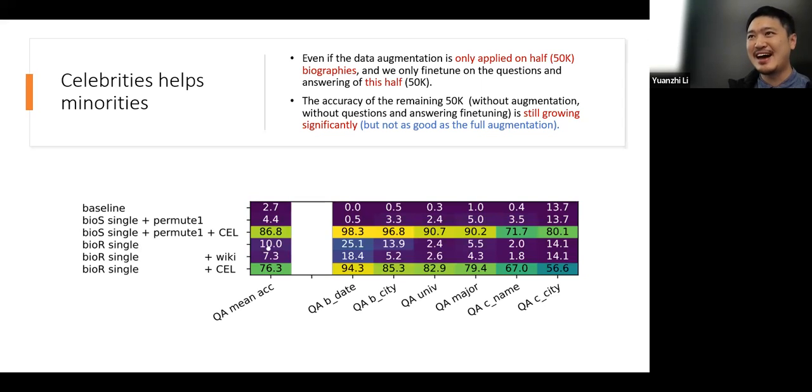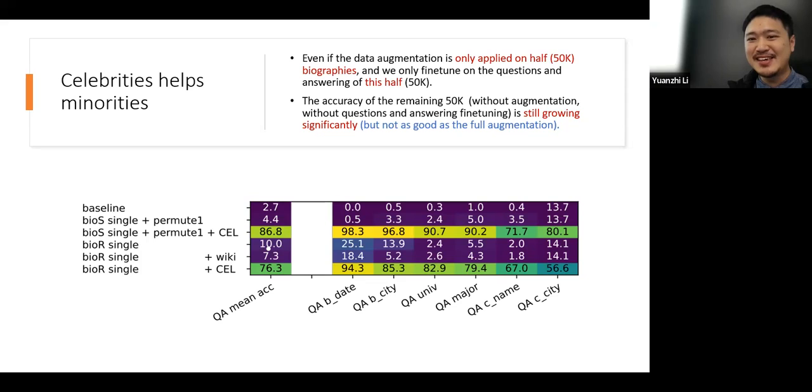It's not rewritten anytime. So the question is, if you only rewrite the data for like 50K of the people, and you only have QA fine-tuning, or question answer fine-tuning, on this 50K, would it transfer to the remaining 50K where the data has no diversity and has no question answer?